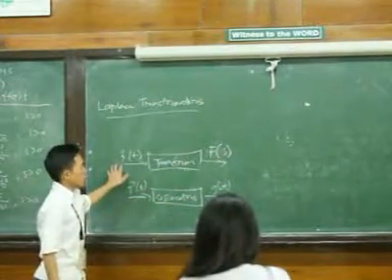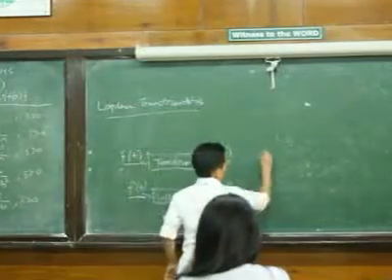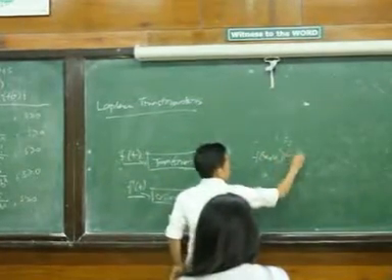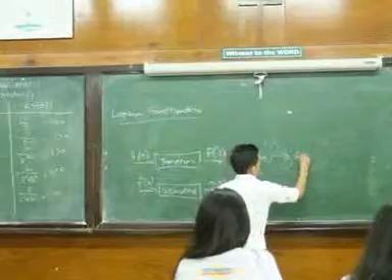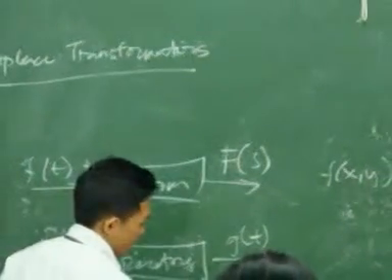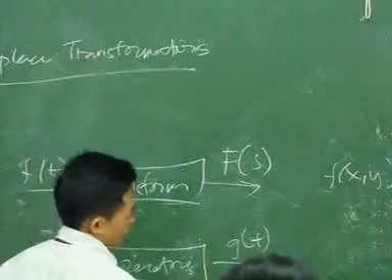For example, f of x, y you convert to f of u, v. In an operator, examples are gradient, divergence, curl, or basically d by dx.